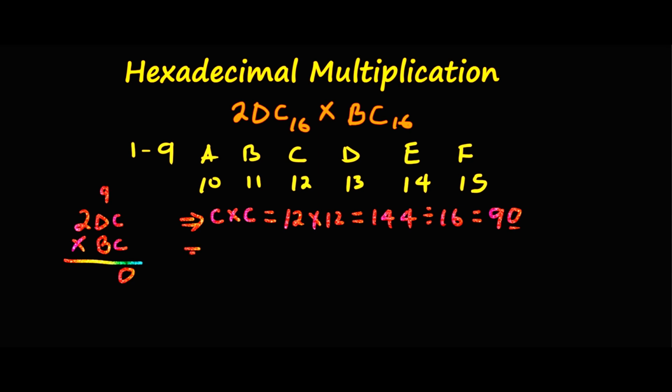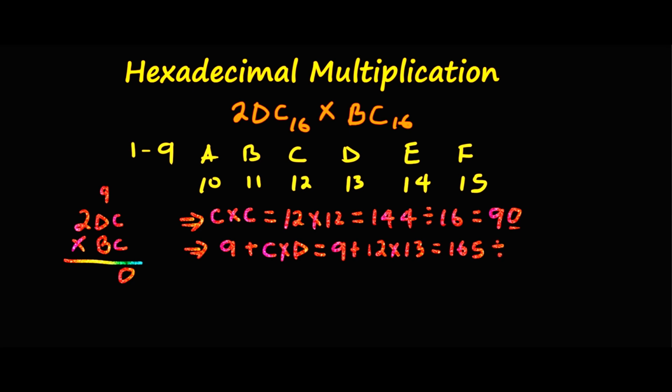In the next step, you take the carry first, which was 9, so that you don't forget, plus now the multiplication, that is C times D. So that is 9 plus C times D, and C is 12 and D is 13. So 9 plus 12 times 13 will give you 165.